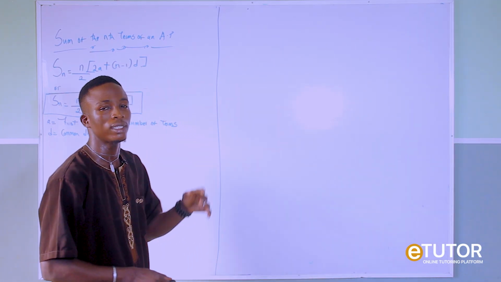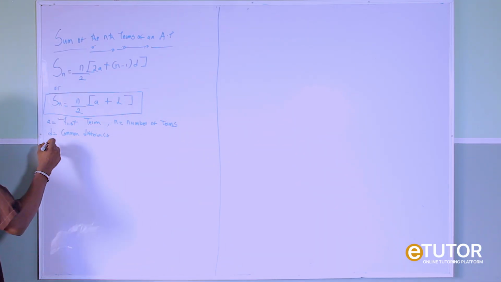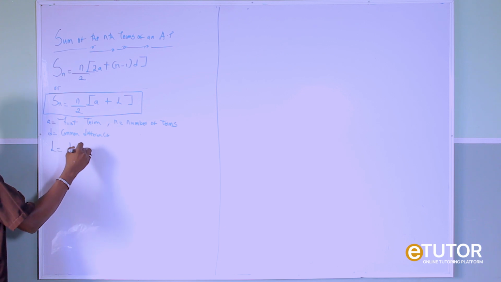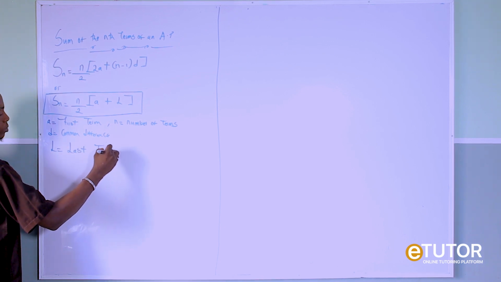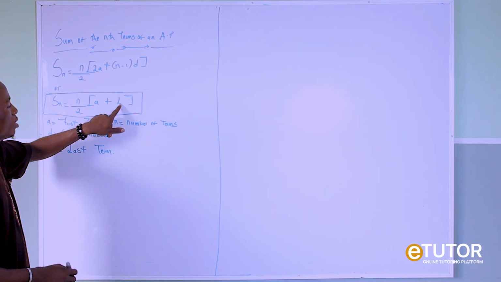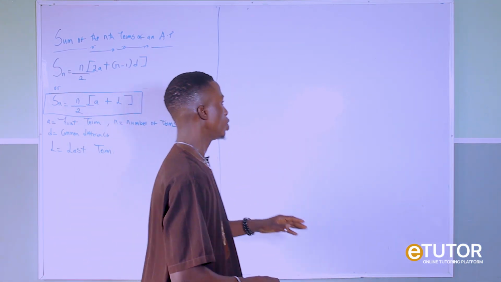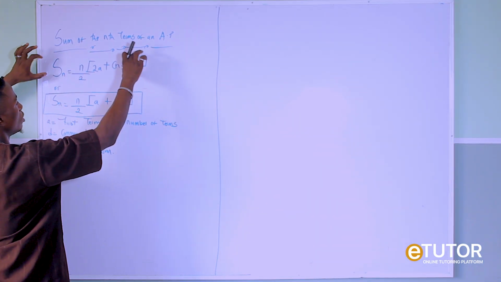That is, if you have the last term of the sequence, that is when you're going to use this. L here represents last term. So if it's not specified, you're going to use the first one here.